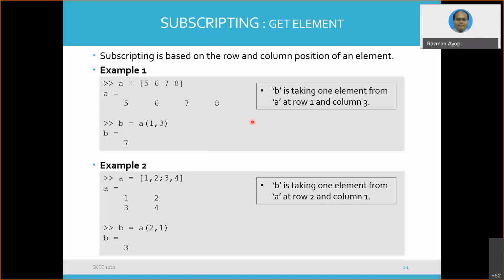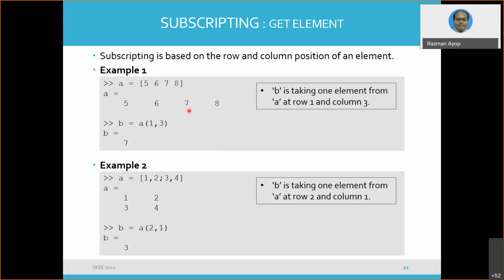So here I give you an example. A is 5, 6, 7, 8. You get the data here, and you want to extract the data, for example, 7. So B is equal to A, and then use a bracket here. Open bracket. 1 means row 1, and the comma, 3 means column 3.